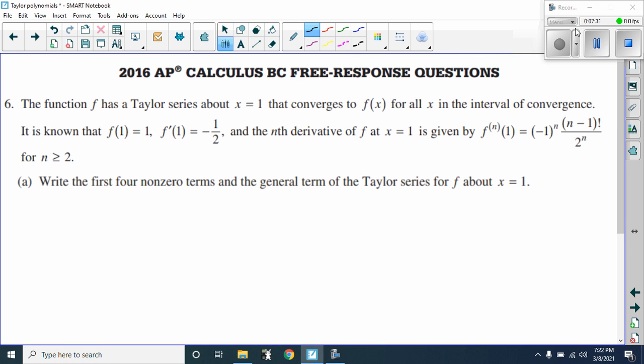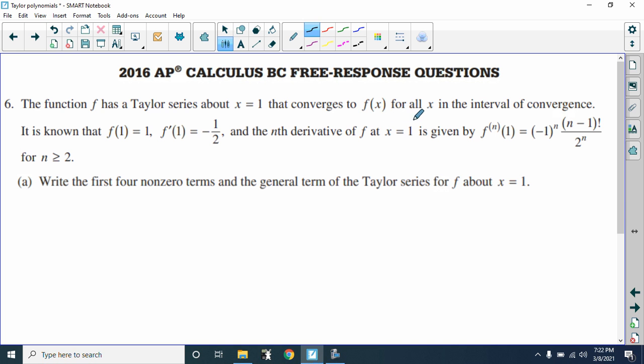All right, and then the last problem I want to do is an AP problem. If you take a look at the assignment that is posted to Google Classroom, this is the first problem from that assignment. It says function f has a Taylor series about x equals 1.